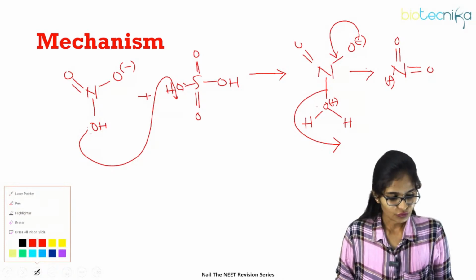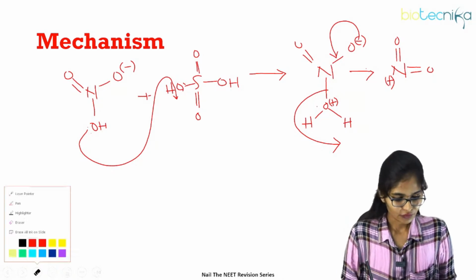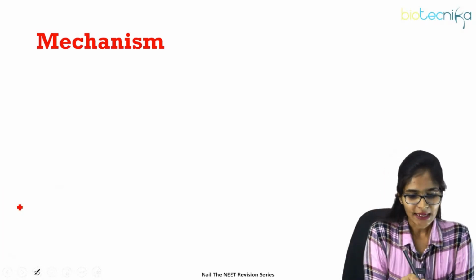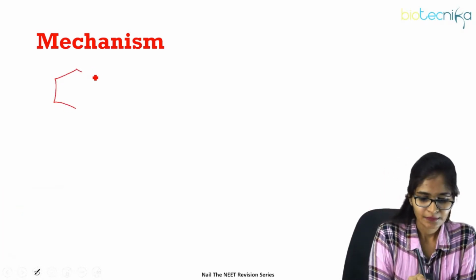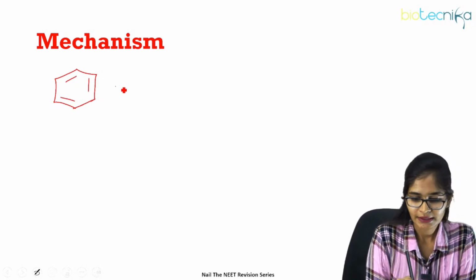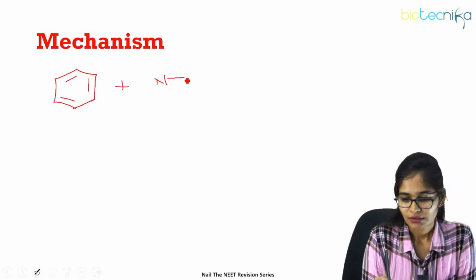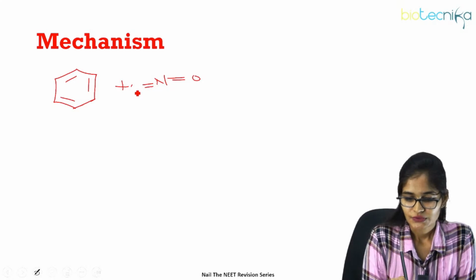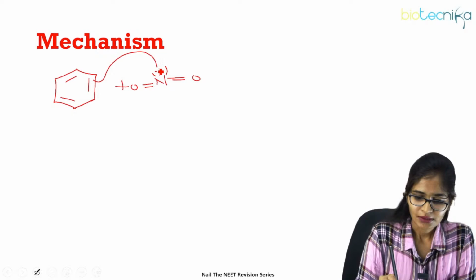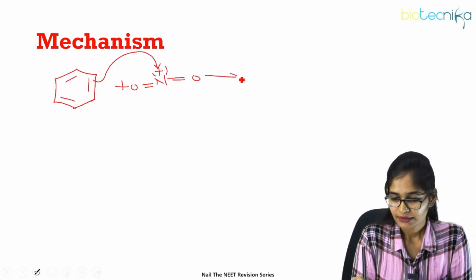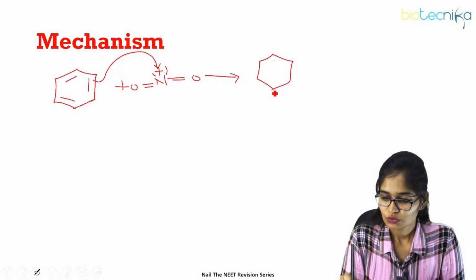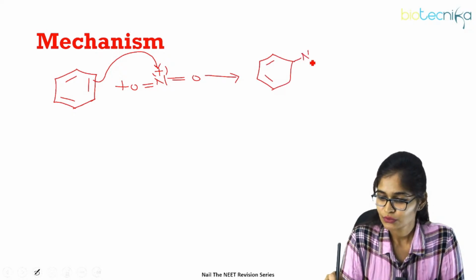So now you have to attack this NO2 plus on the benzene ring. I will consider the benzene ring carrying pi bonds inside it. So you have your electrophile, and now these pi electrons will attack the electrophile, that is NO2 plus, and now you can see benzene with two pi bonds along with that NO2.